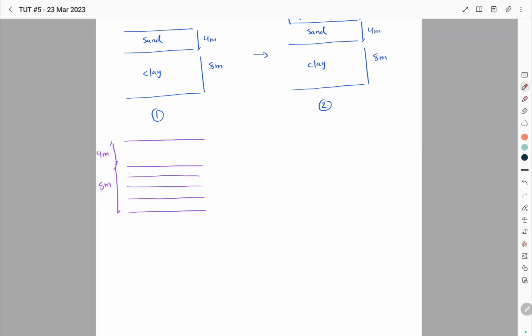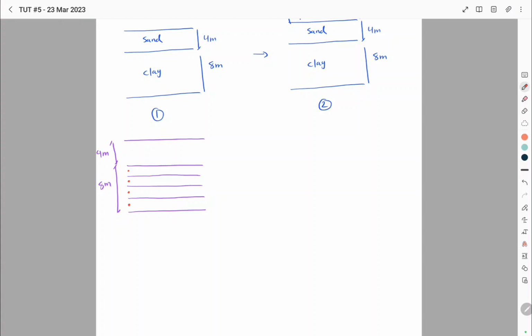So for this purpose, we have to consider the middle part of each layer. So this is the first one, this is the second one, this is the third one, and this is the fourth one.